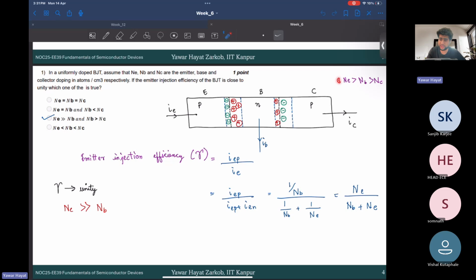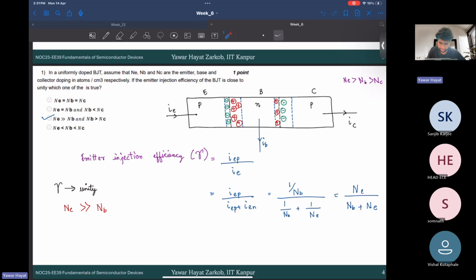You see, doping has units of concentration, right? It would have units centimeter raised to the power minus 3, right? Yes, sir. So that is what I've written here: doping would be in atoms per centimeter cube respectively. So the order would be N_E greater than N_B greater than N_C.